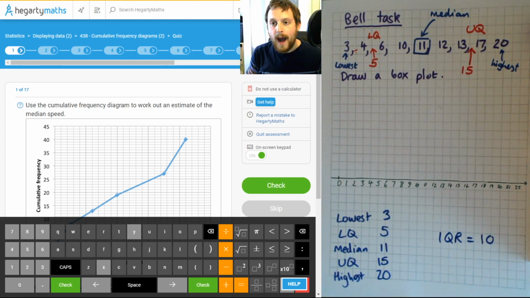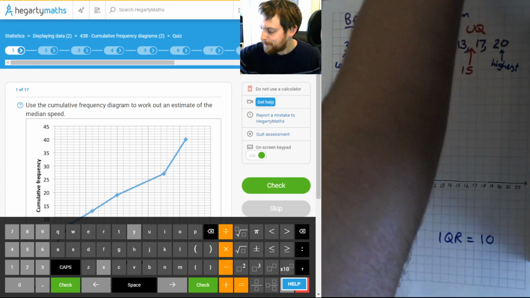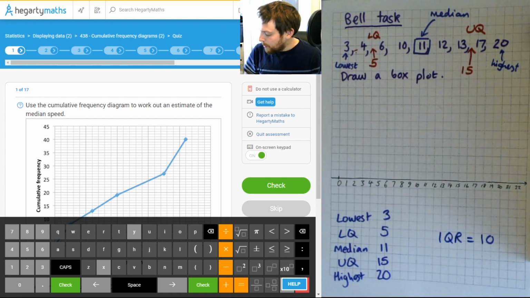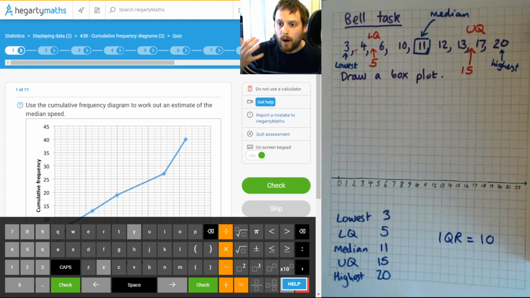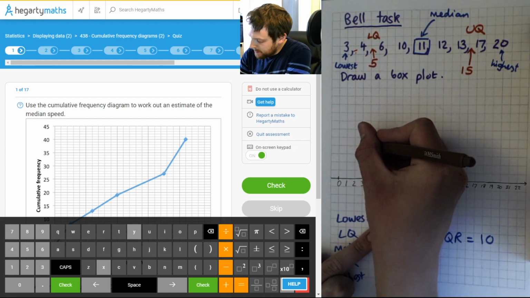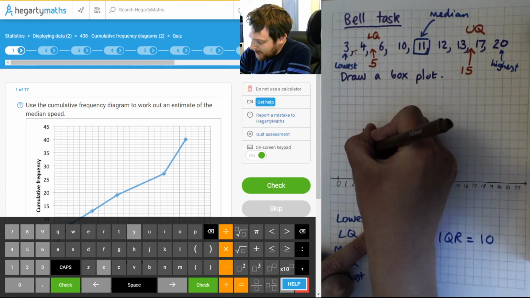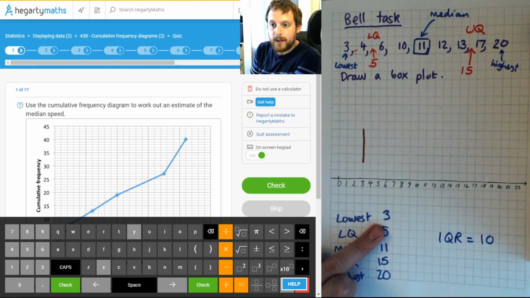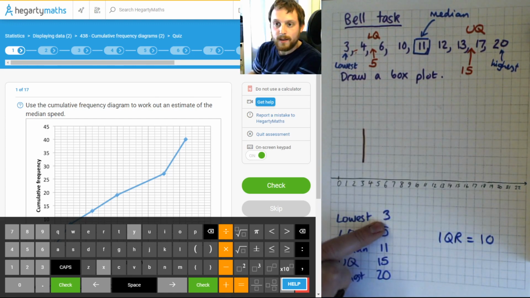So there you go. Now how do we actually draw the box plot? Well, you put 5 vertical lines in, one at the lowest, one at the lower quartile, one at the median, one at the upper quartile, and one at the highest. So there'll be a vertical line at 3. There's not really any rule about how big you make it, to be honest with you, so I'm just gonna make it this big, why not?